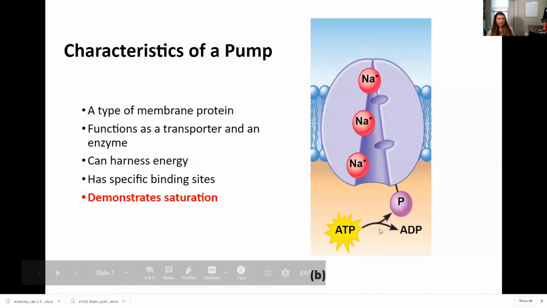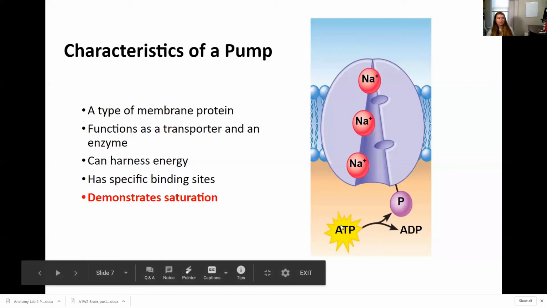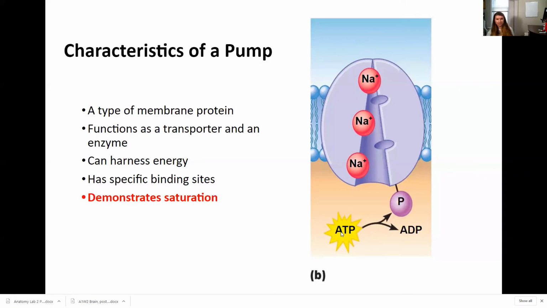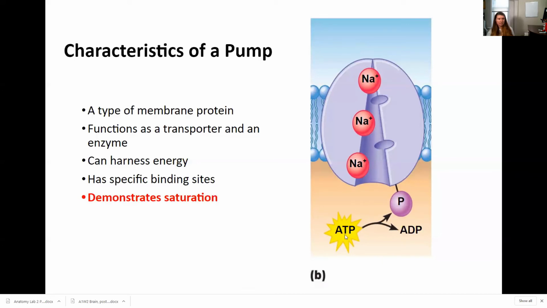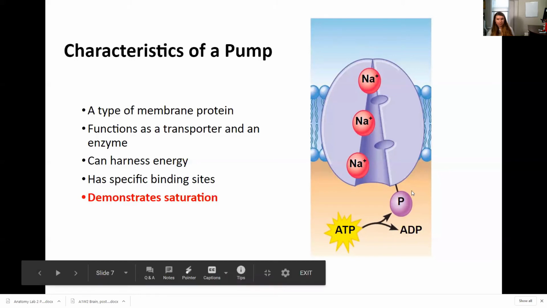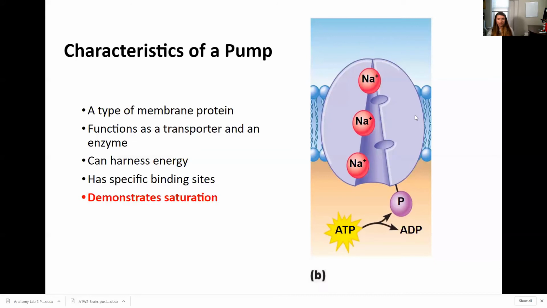Specifically, it acts as an enzyme because it breaks down ATP. So the enzymatic portion of our pump breaks down ATP to a phosphate group and ADP. So it releases the energy in that bond between the two final phosphate groups, and that energy goes into the pump. And this is what's going to allow us to push our molecules against their gradients.